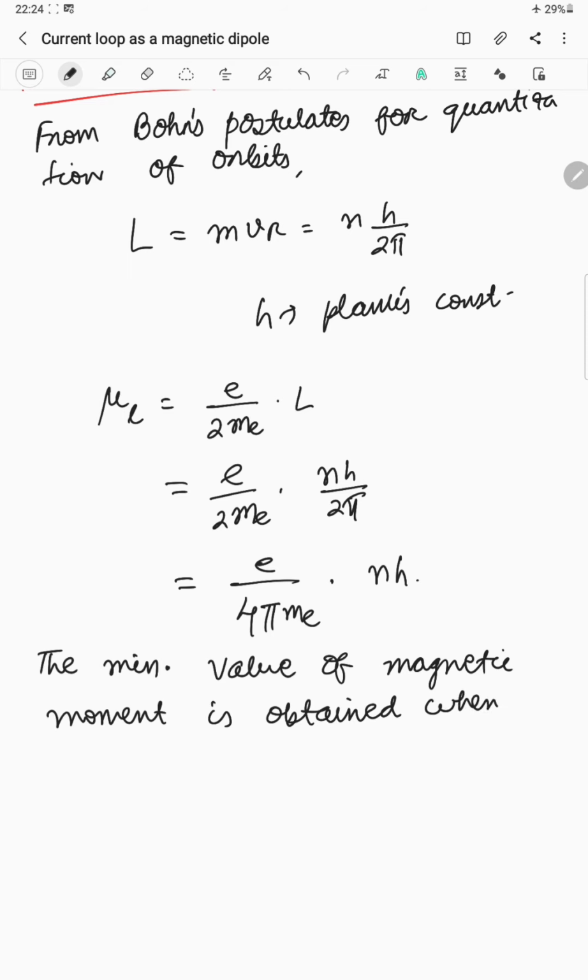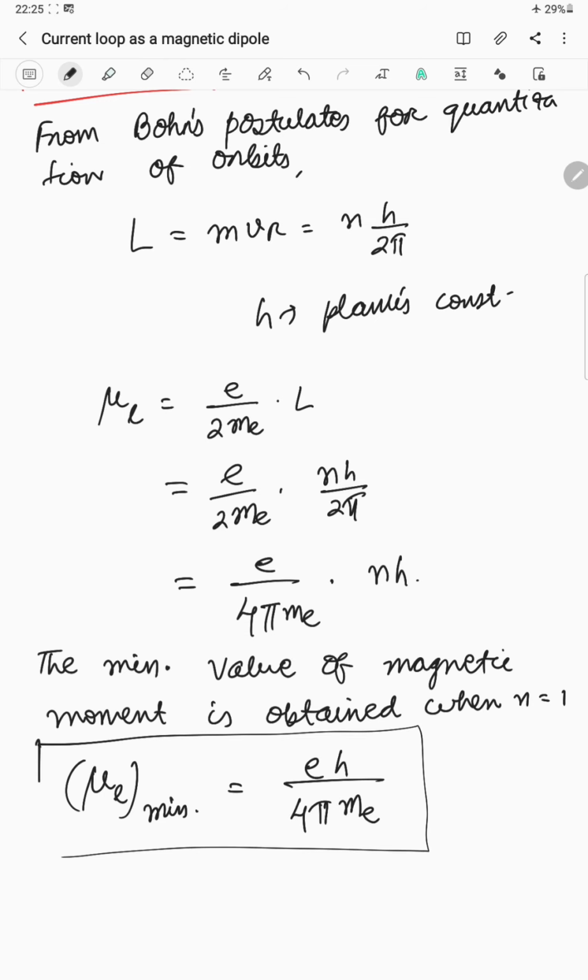Obtained when n is equal to 1. So when n is equal to 1, your mu L minimum is equal to eh by 4 pi me. This mu L minimum is known as the Bohr magneton.